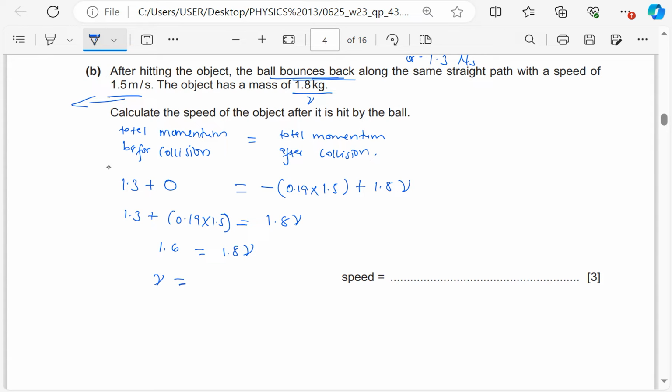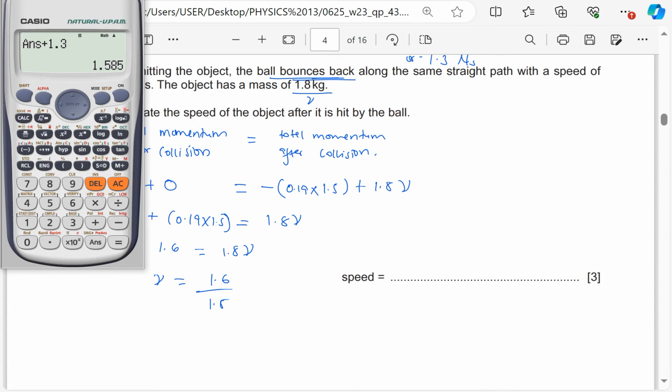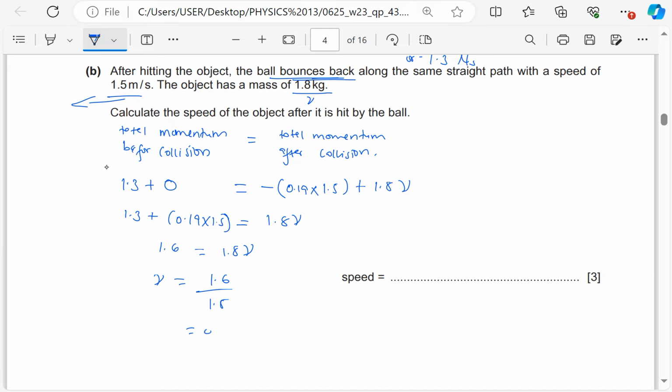So v is going to be 1.6 divided by 1.8, which is approximately 0.8 recurring, or approximately 0.889. So this is going to be 0.89 meters per second.